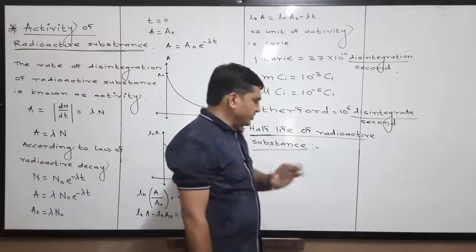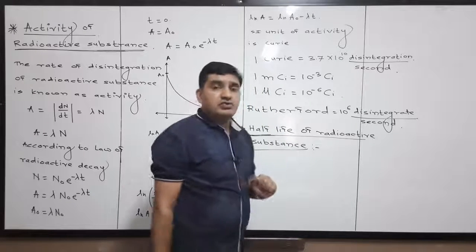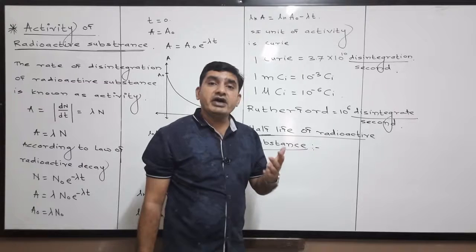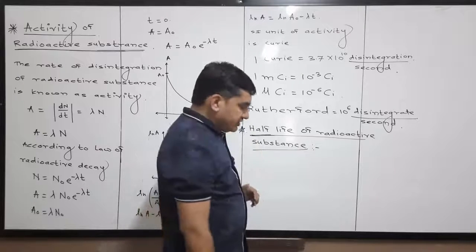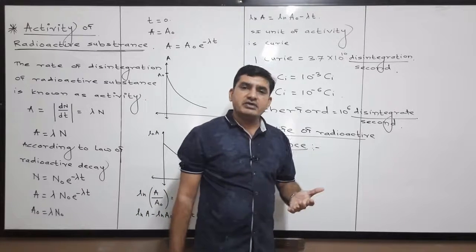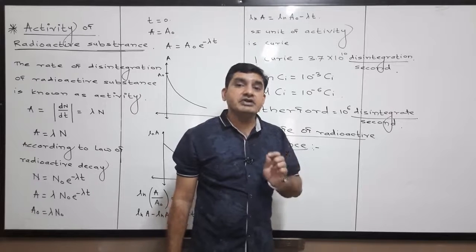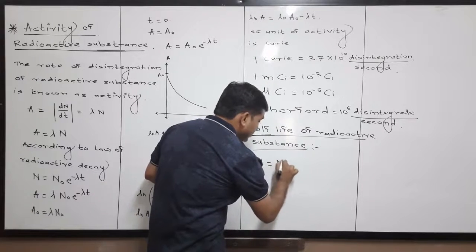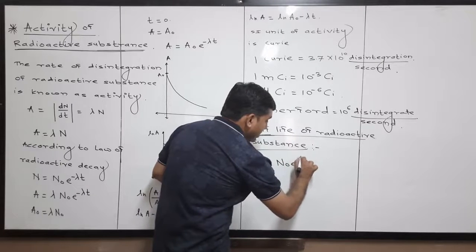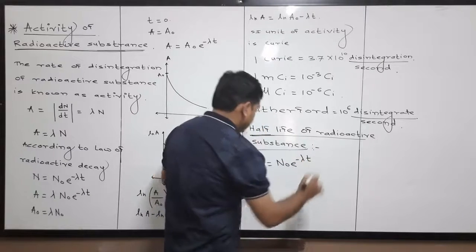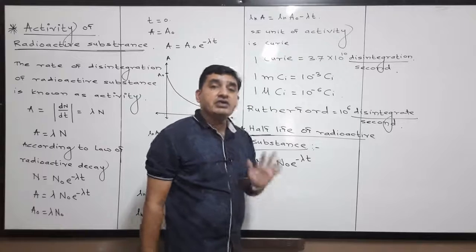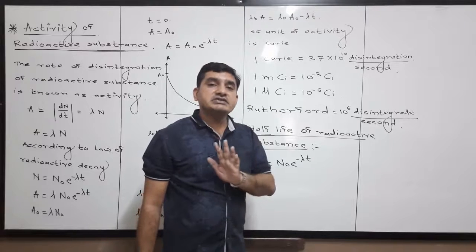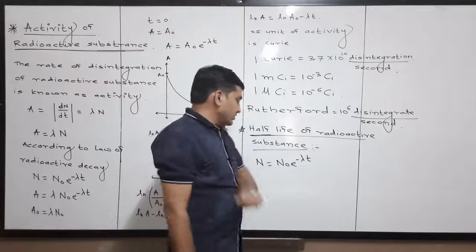We know that according to the law of radioactive decay, the number of radioactive nuclei present at a time t is N equals N0 e raised to minus lambda t.